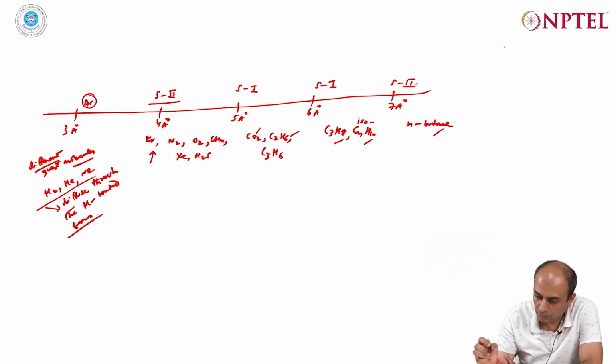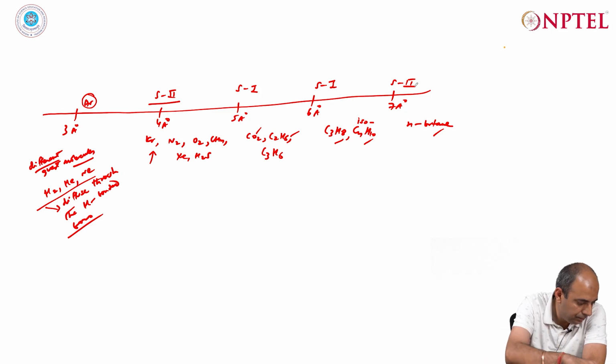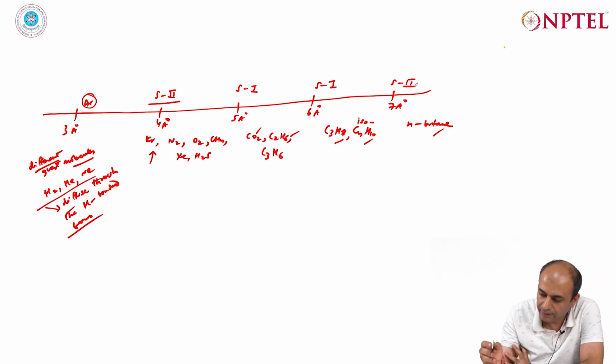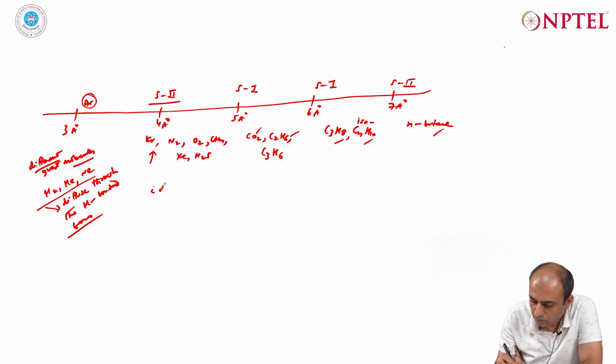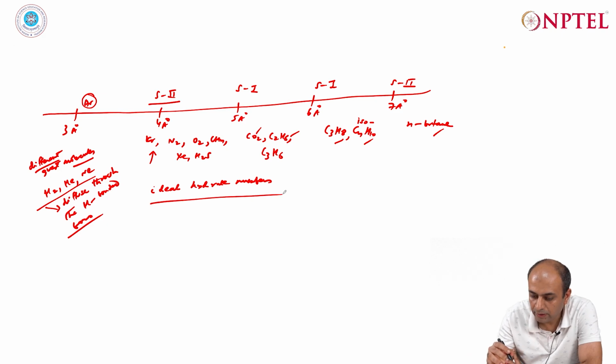And we can now find out the ideal hydrate numbers for a given structure type. So, in S2 what happens is that, let us go back to S2.